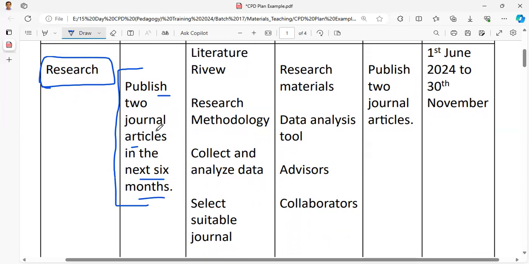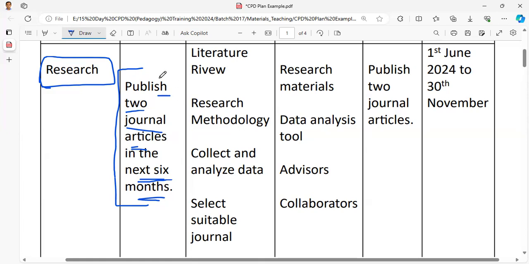So look at here. It is specific, because I am going to publish two journal articles in 6 months. So it is specific and also measurable. I am going to publish two journal articles. So it is measurable and also time bound, because time is there, 6 months. And also it is relevant.